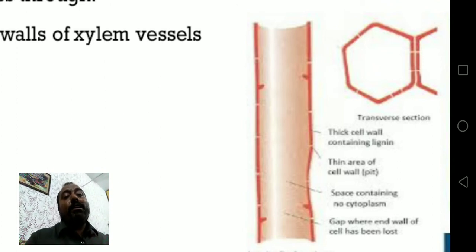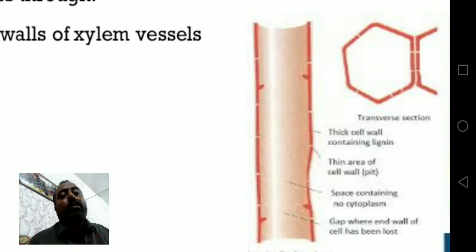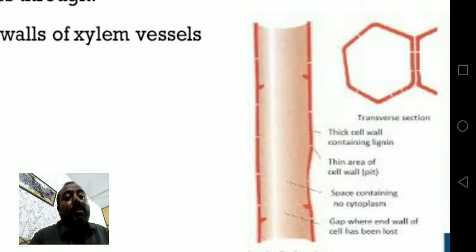But we will be talking about just one xylem cell, which is in front of you on the left side. This is one xylem cell and it has certain adaptations, and we will see these adaptations, and we will also see the significance of each adaptation.